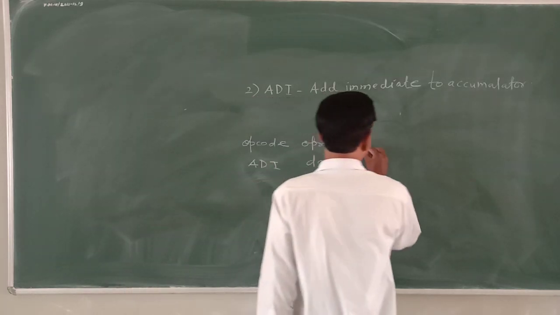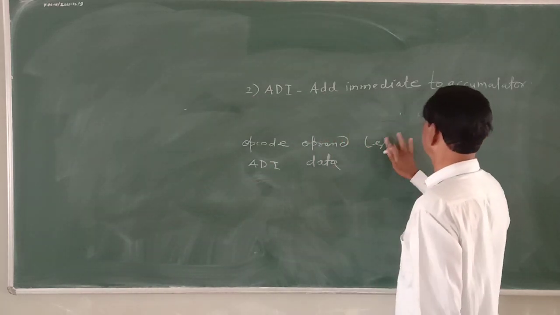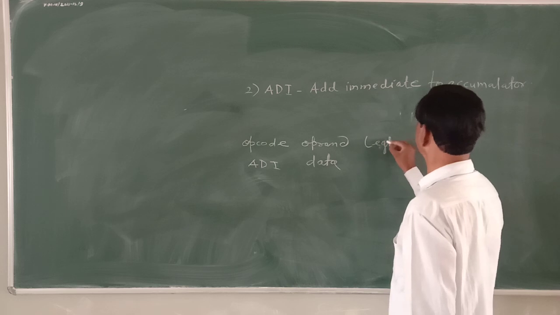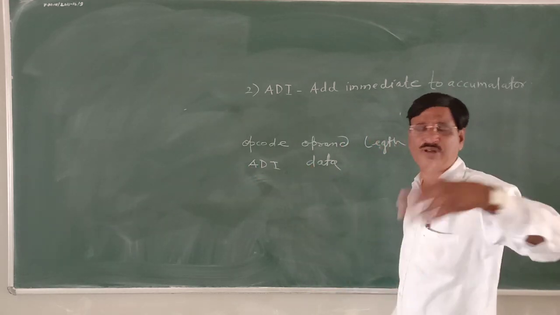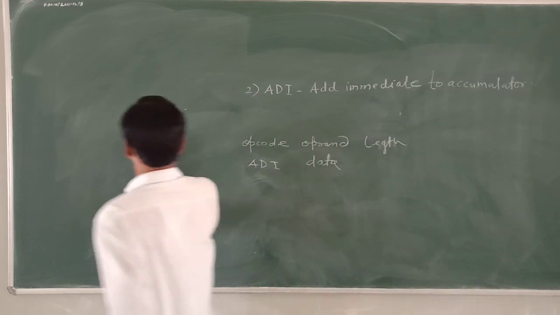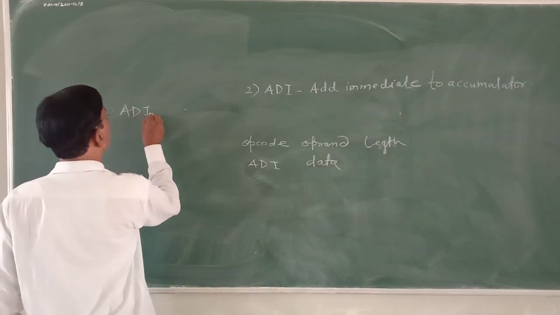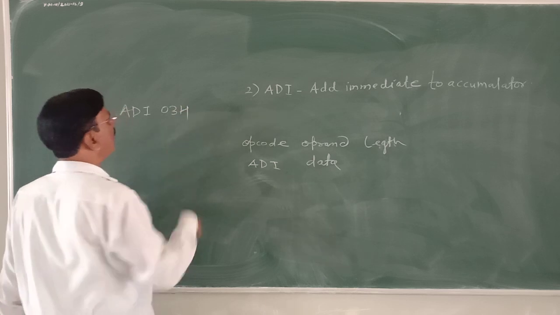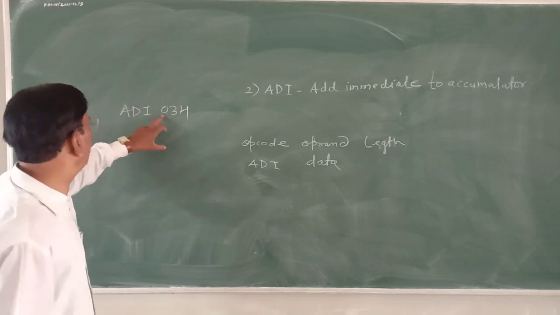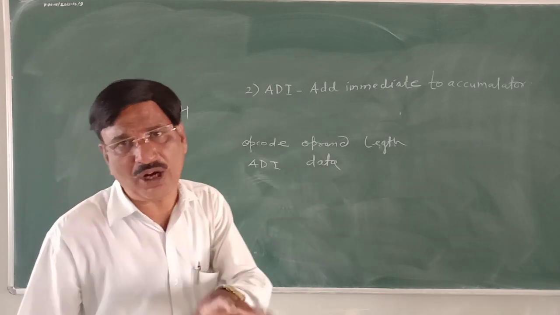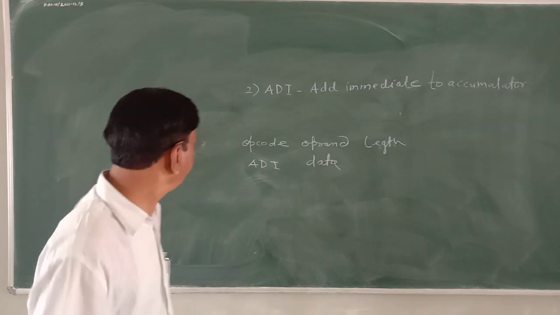So obviously the length: the opcode is always 1 byte and the data is immediate data. Example, you can see ADI 03H. What exactly does it mean? Add the immediate data 03H with the contents of the accumulator, store the result in the accumulator.